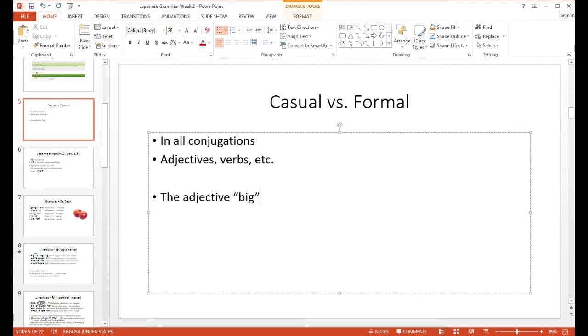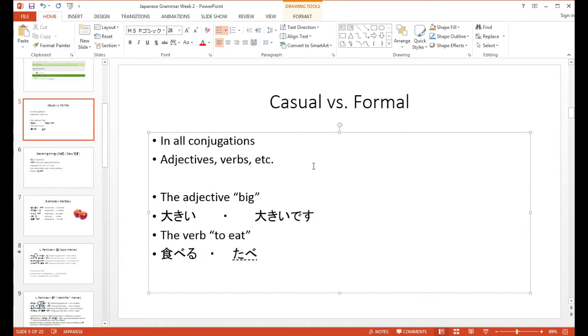There's a casual version of the same word and a formal version of the same word. So oki is the casual version, and oki desu is the formal version. Now, take the verb to eat. The casual version is just taberu, which is the plain form, and the formal version is tabemasu. So just keep that in mind as we go through this.